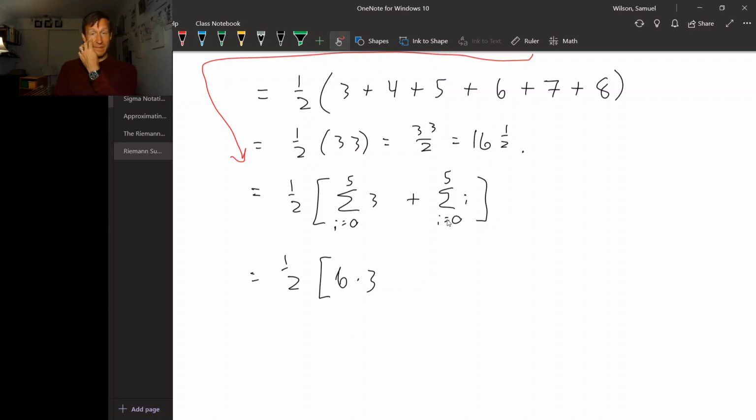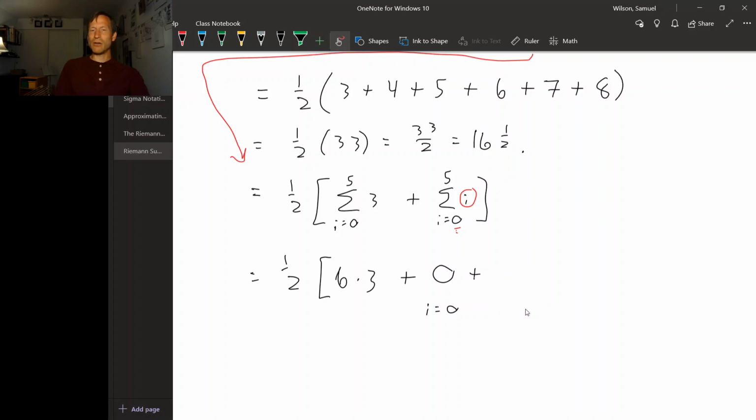Okay, for this second term, the formula that we had for the sum of the integers, right, for the sum of I, actually started at 1 and not at I equals 0. So it seems as if we can't use that formula immediately. But what we can do is write out explicitly the I equals 0 term. The I equals 0 term is 0.